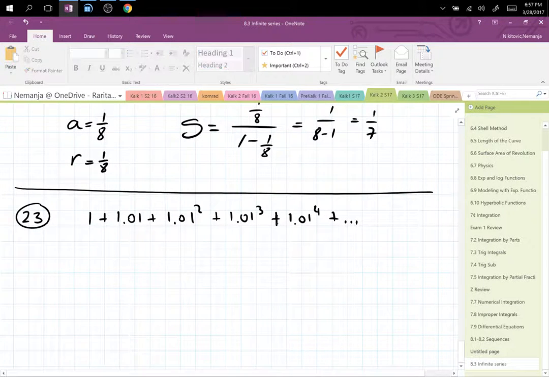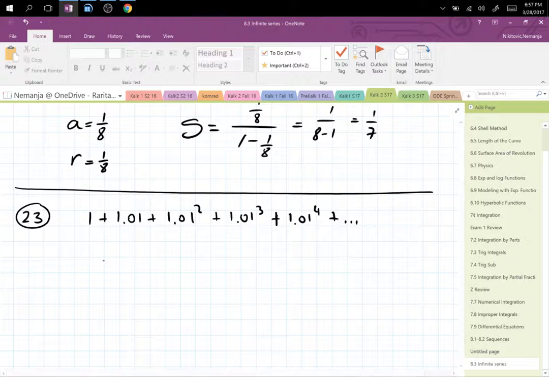All right, so what can you tell me about this? Okay, so clearly or no? Obviously, it diverges. Obviously diverges.